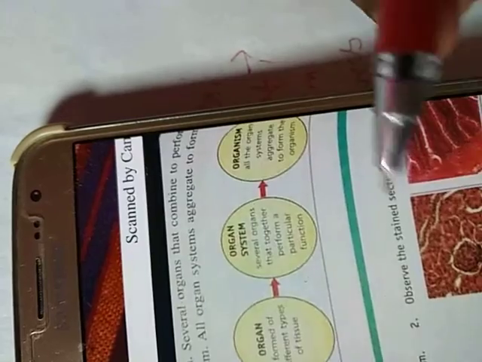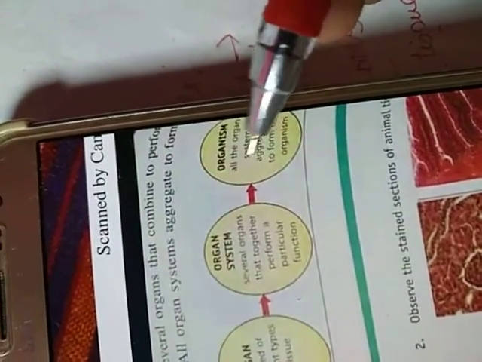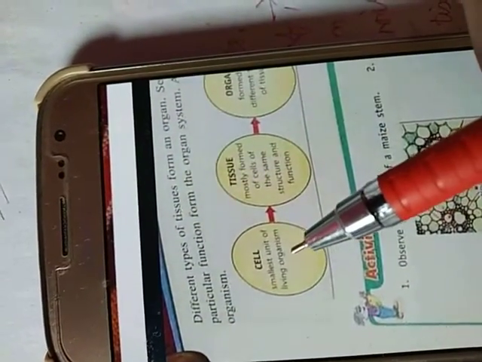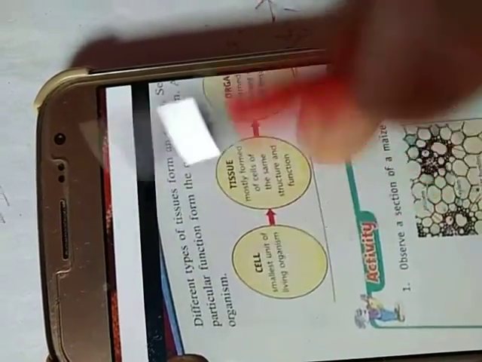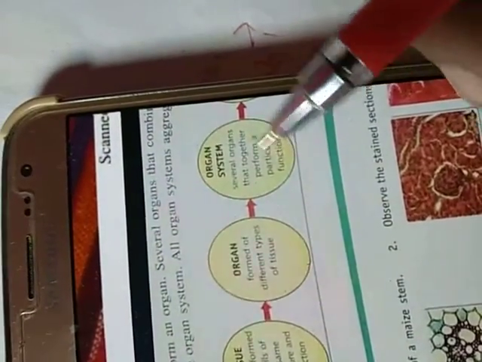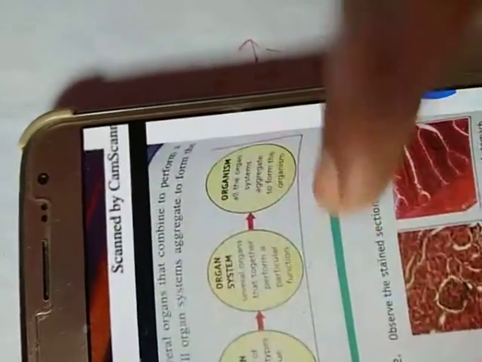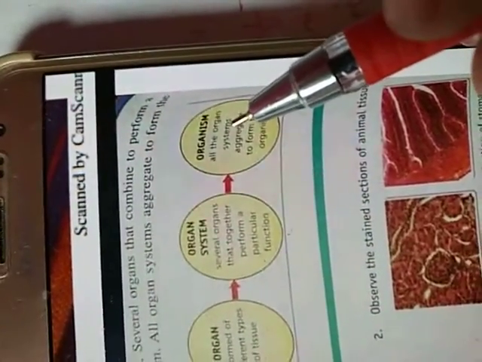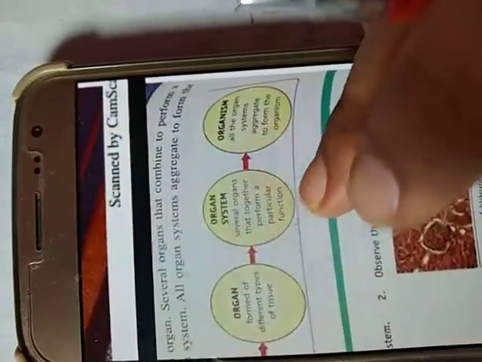And many systems aggregate and form a living organism. So the unit of the living organism is the cell. Aggregation of cells is tissue. Aggregation of tissues is organ. Aggregation of organs for a particular function makes a system, and all the systems aggregate and form a living organism.